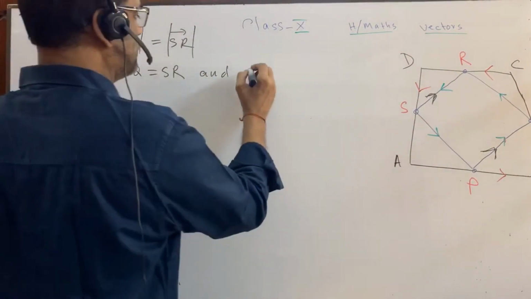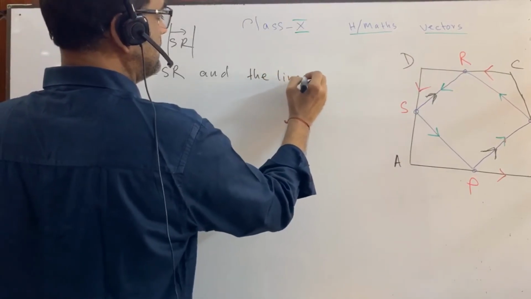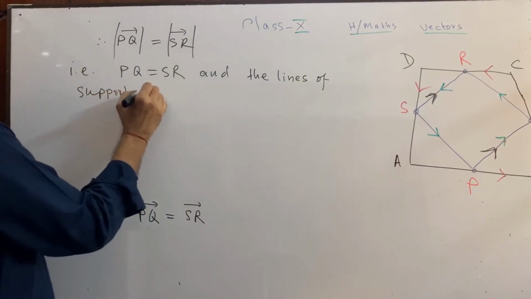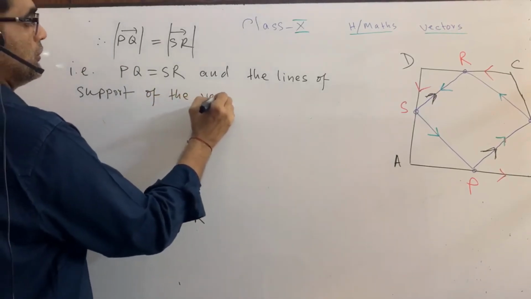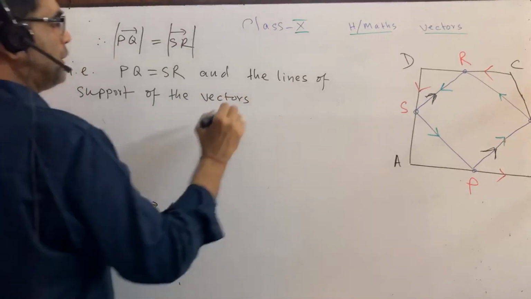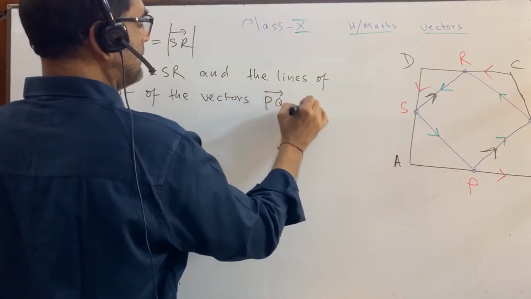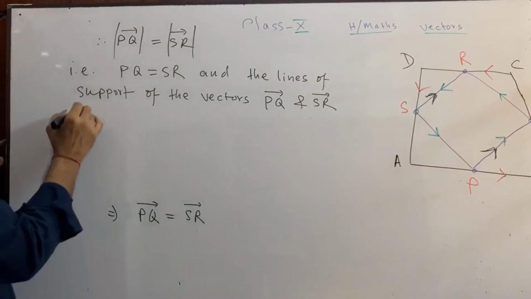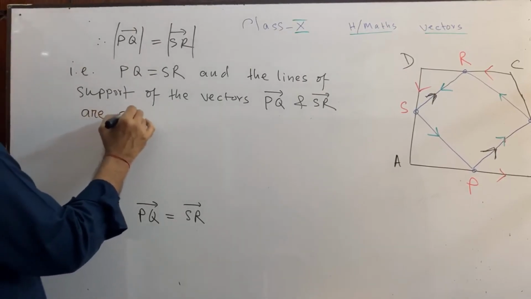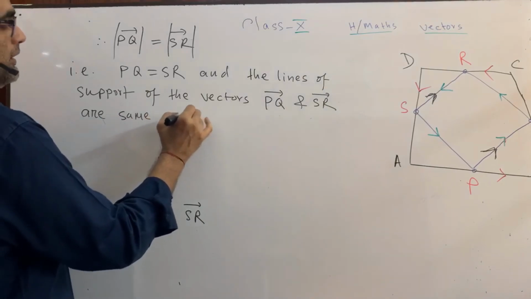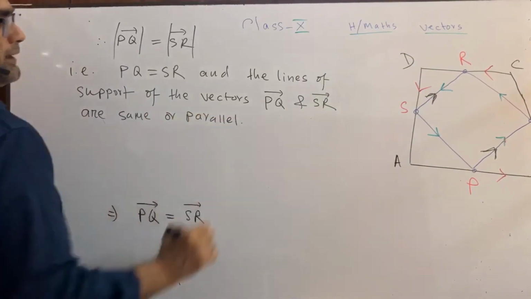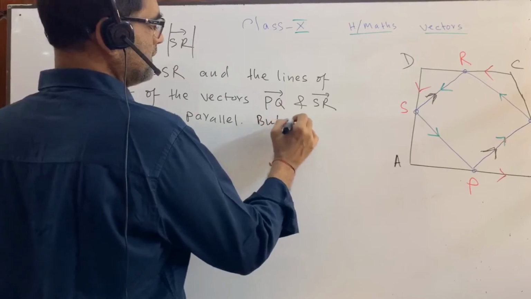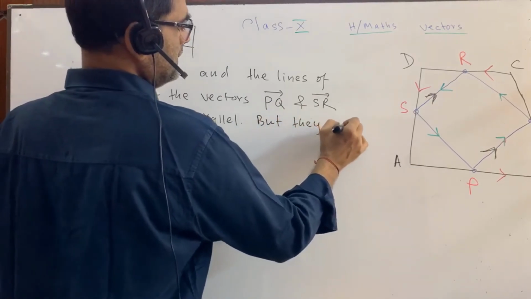The lines of support of the vectors PQ and SR are same or parallel, but definitely they cannot be same here, they are not same here.